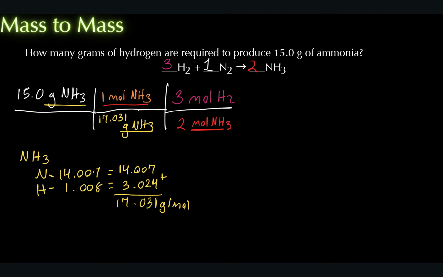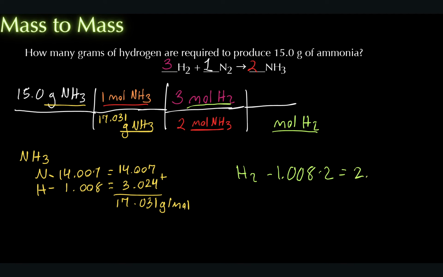Now, we are almost finished. We need one more setup. We need to convert our moles to our grams. So we have our mole of H2 on top. On our diagonal will be our mole of H2. So we need the molar mass of our hydrogen. 1.008 times 2 will get us 2.016 grams per mole.